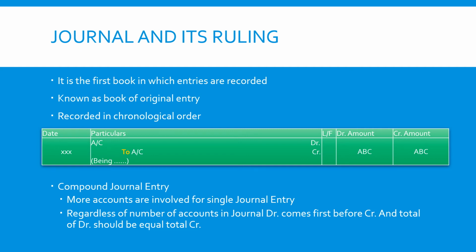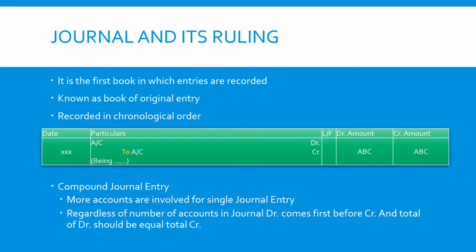Suppose we have bought some goods from a vendor and agreed to pay half in cash and half on credit in a future period, maybe one month later. That way we are involving three accounts.